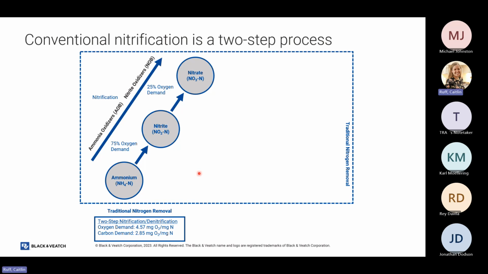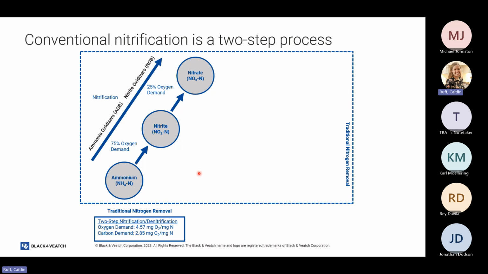Typically, what we consider full nitrification is observing ammonium at less than 2 milligrams per liter and nitrite less than 0.5 milligrams per liter. For Cruise, this could be a little different because of the way y'all operate with your target effluent ammonium.